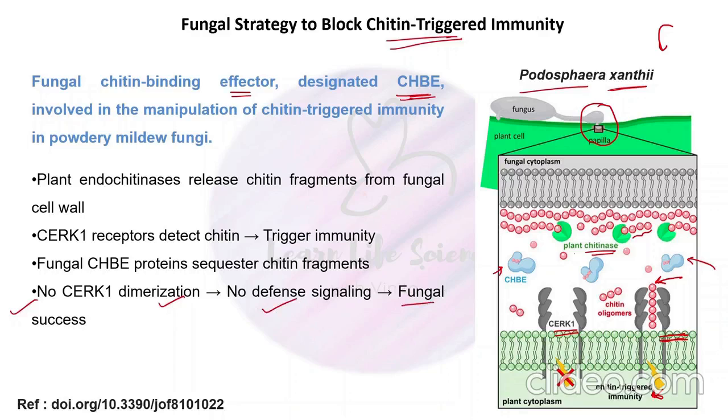And finally, there will be successful fungal invasion in the plant system and successful establishment of the infection. Okay, so this is the first example where we have seen that the effector protein is involved in bypassing the immune response given by the plant system.